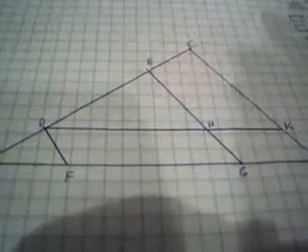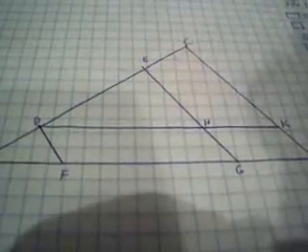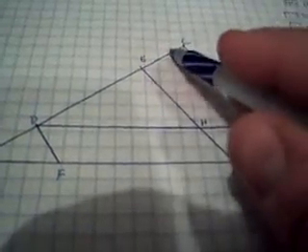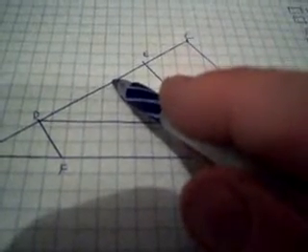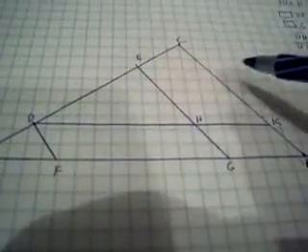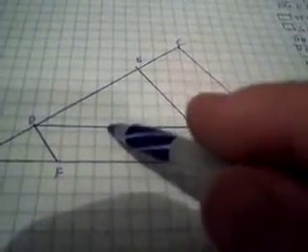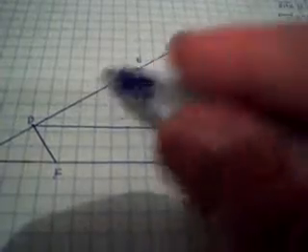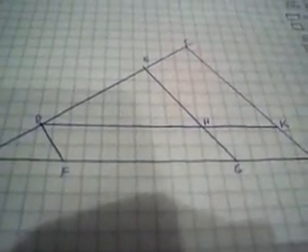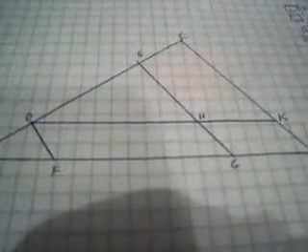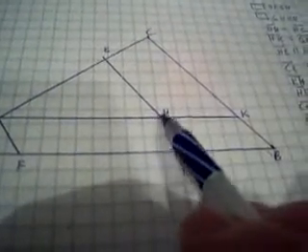Okay? Therefore, proportionally, as CE is to ED, so is KH to HD. As this is to this, so as this is to that. Now, KH equals BG.